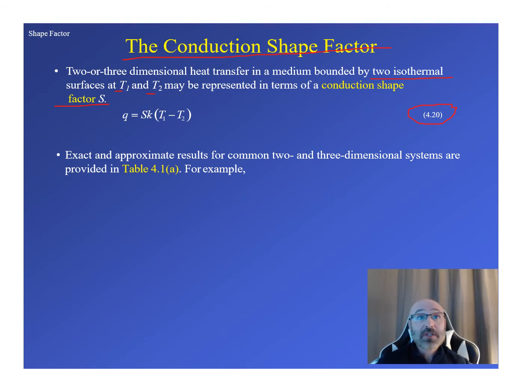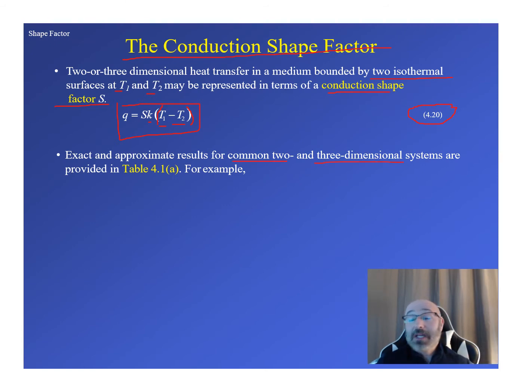This says that Q is equal to the shape factor S, times our thermal conductivity k, times the difference between those 2 temperatures at the 2 isothermal surfaces, T1 minus T2.